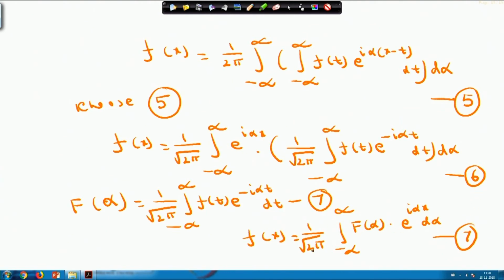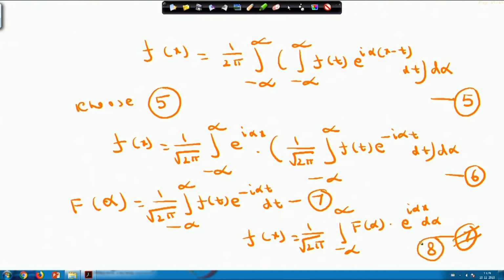If this integral 7 exists, then we call it the Fourier transform of the function f(x), where the kernel we are assuming as e power minus i alpha t. Sorry, this will be equation 8.